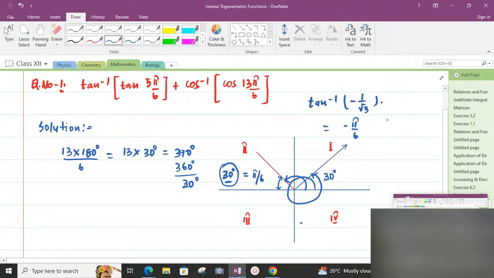So cos inverse root 3 by 2 equals, this one will be 30 degree. So here will be what?